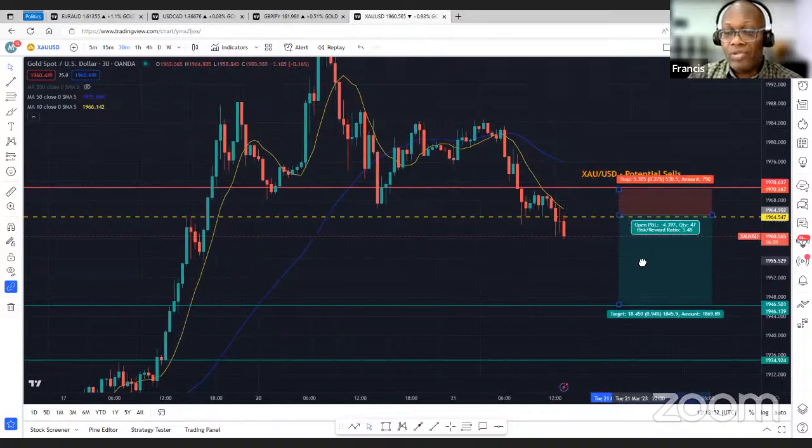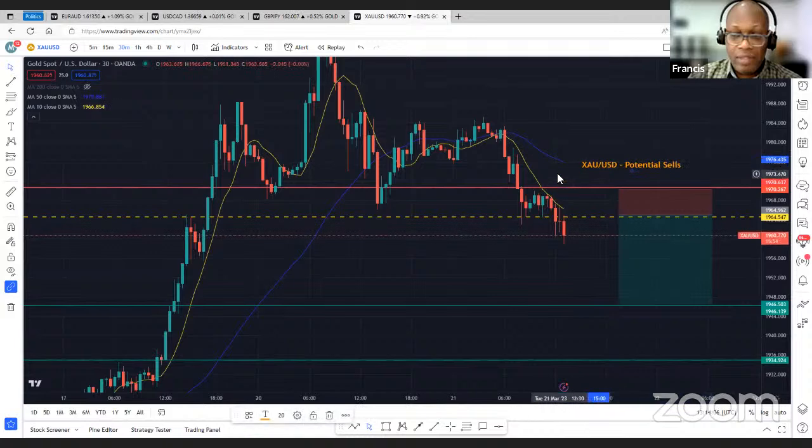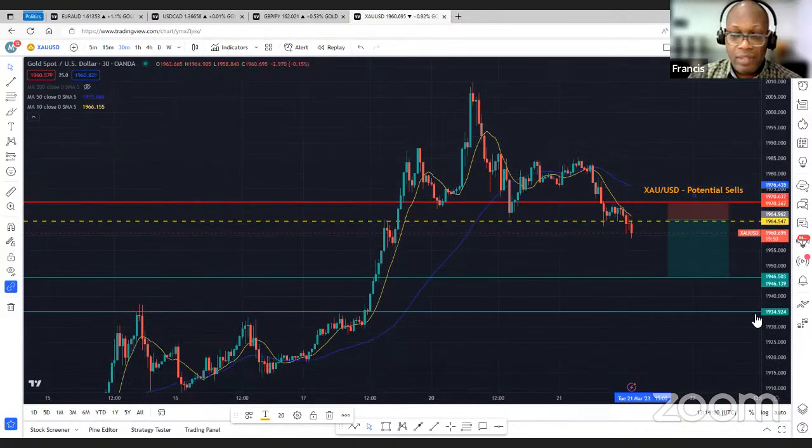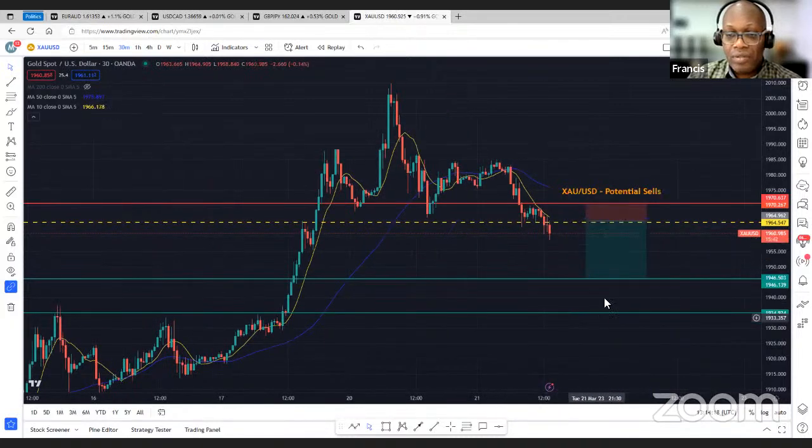So the way I'm looking to trade this is basically, if this closes here as a bearish candle, I will look to sell and place my stop loss slightly above there. I could decide to move the stop loss higher, but the whole idea is to target all the way here.